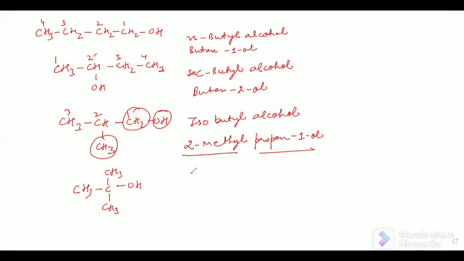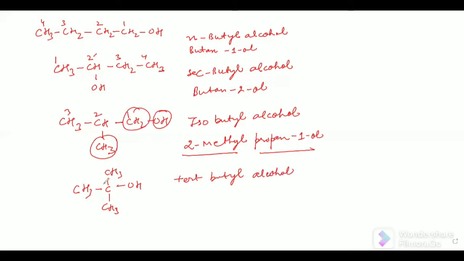Now, next example. First of all, we have to find out the longest chain of carbon. So this vertical one will be the longest chain, 1, 2, 3. The common name will be tertiary butyl. There are 4 carbons, 1, 2, 3, 4. So it will be tertiary butyl alcohol.